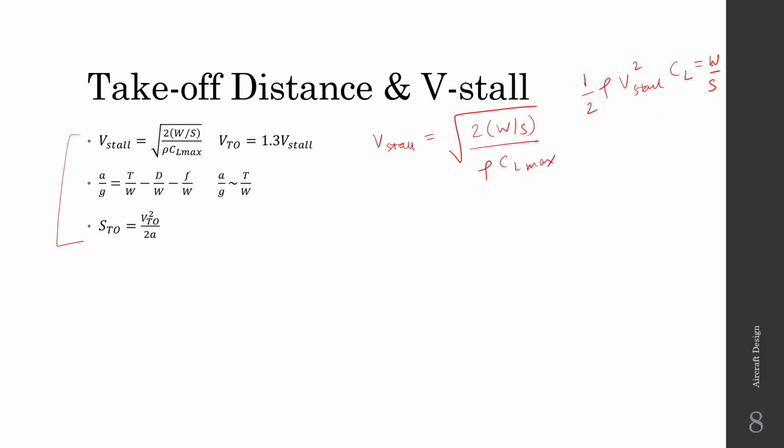So the wing loading can also be found from this equation if you know the vstall. And as you know, v takeoff is approximately equal to 1.2 to 1.3 times vstall.